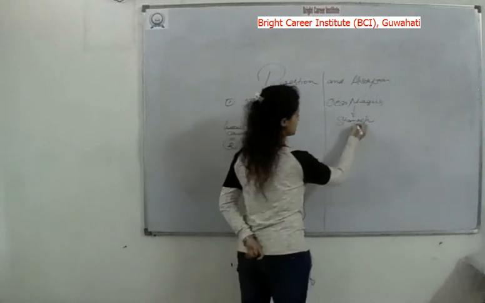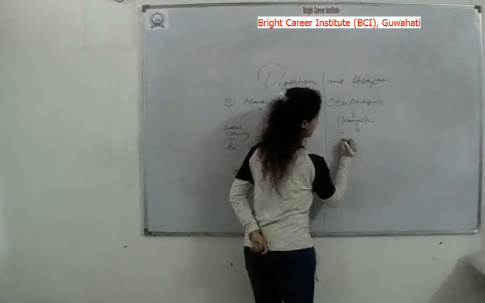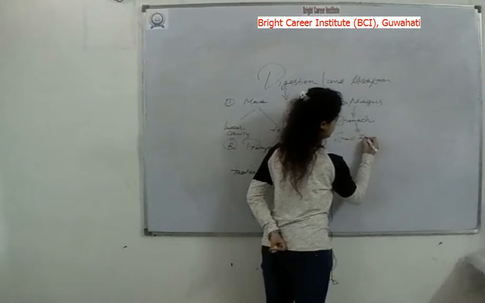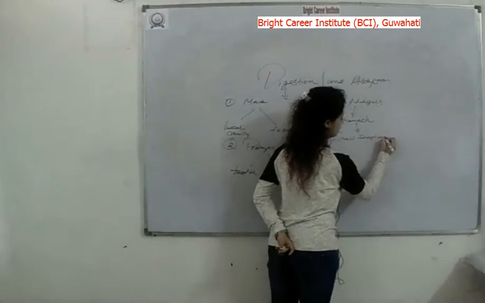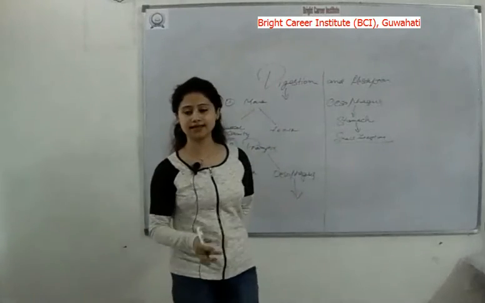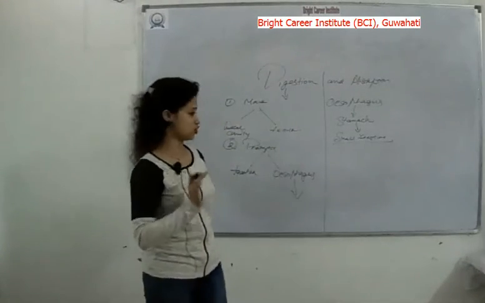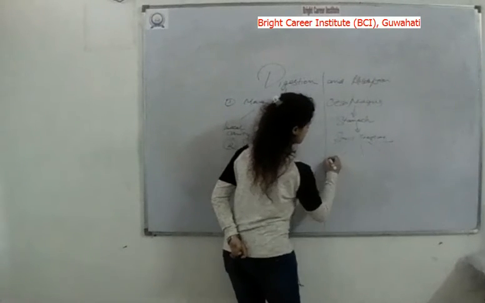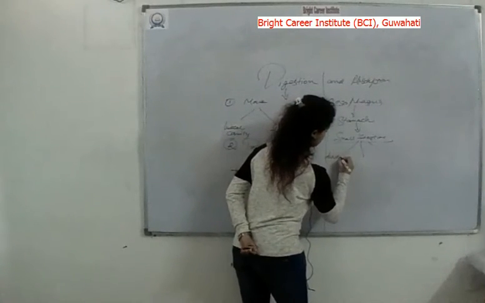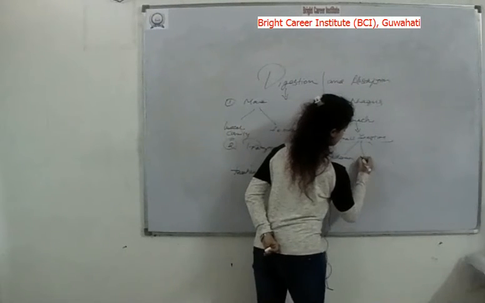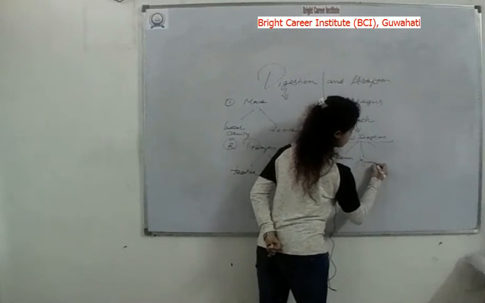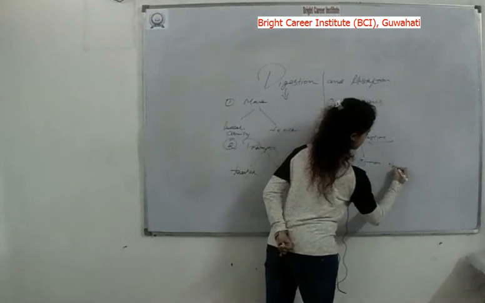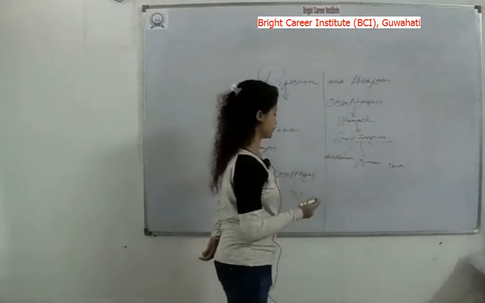Now after the stomach, it leads to the small intestine. Now, the small intestine is the site where the actual absorption takes place. Small intestine consists of three parts, that is duodenum, jejunum and ileum.